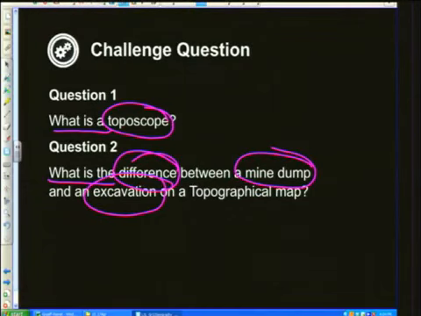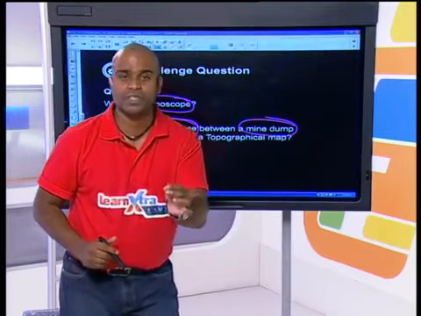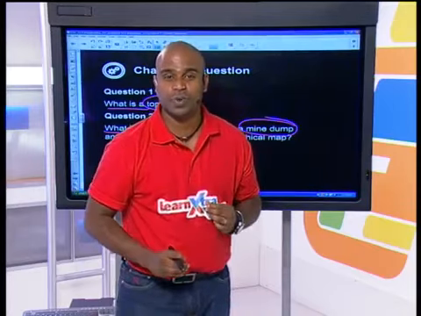So guys, go quickly to the index sheet where you've got the key on your topographical maps, and you'll be able to differentiate between a mine dump and an excavation. These are your challenge questions for this week. Hopefully by the end of this lesson, we will ensure that you get clear answers to these questions.